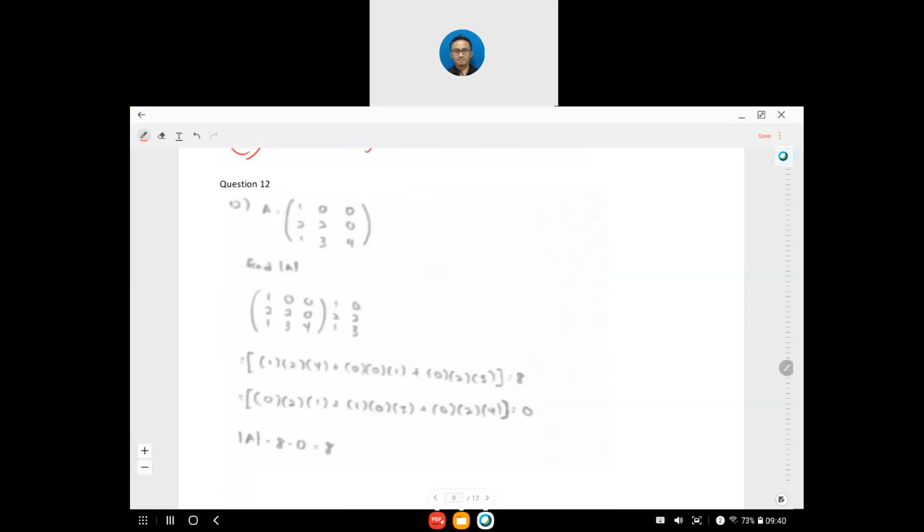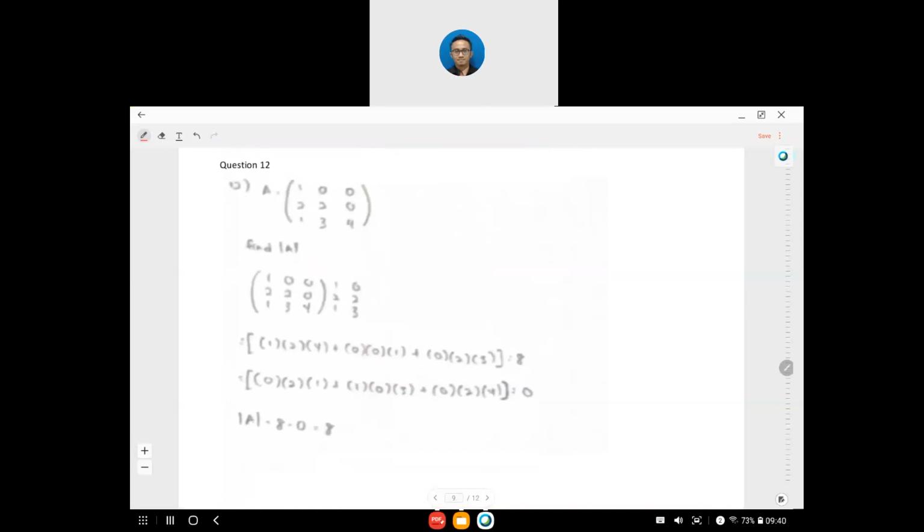For question 12, also same thing. You want to find the determinant again. Please write this one straight line only. Okay, and then you can get 1 times 2 times 4, 0 times 0 times 1, 2 times 2 times 3. So this one you can get 8.